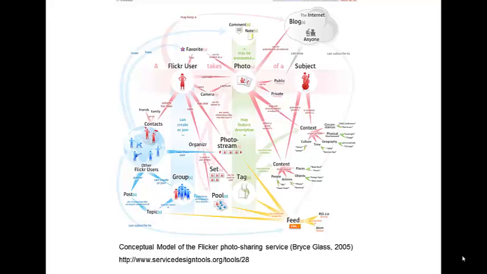So this is an example of retro-engineering, but it is probably quite a good example of a system conceptual diagram for a computer database-based system.